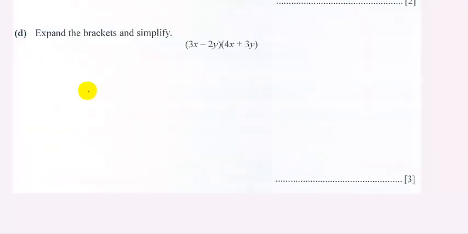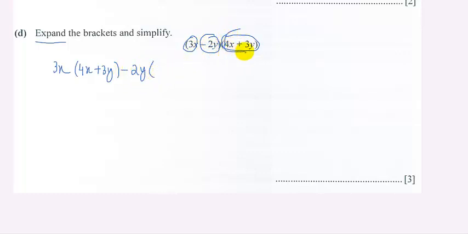And now here we have to expand. Expand means multiply. I will multiply this 3x with this whole factor, which is 4x plus 3y. And then I will multiply minus 2y with this whole 4x plus 3y. So with this, 12x squared, and with this, 9xy.